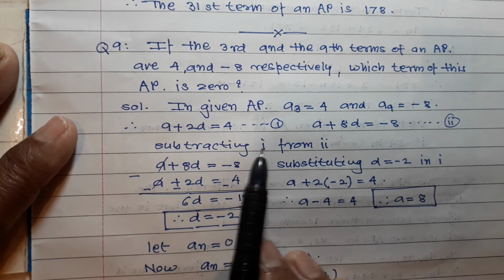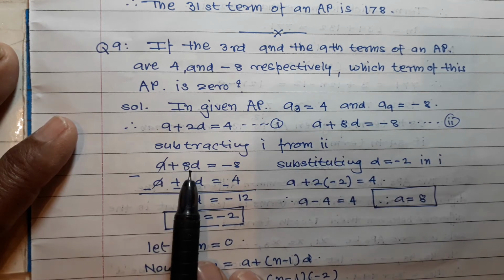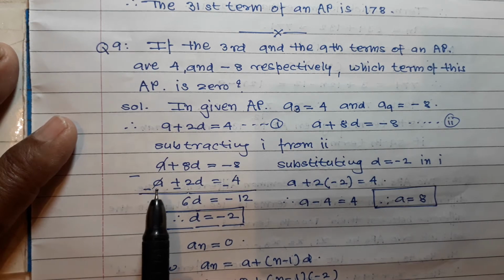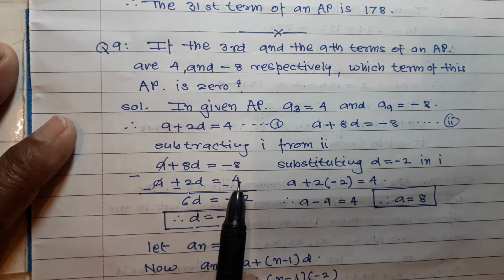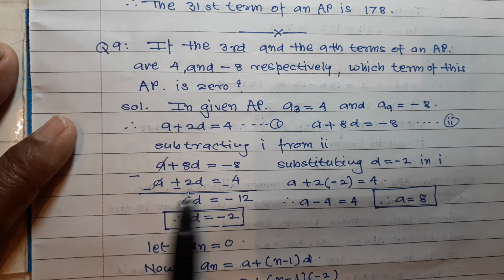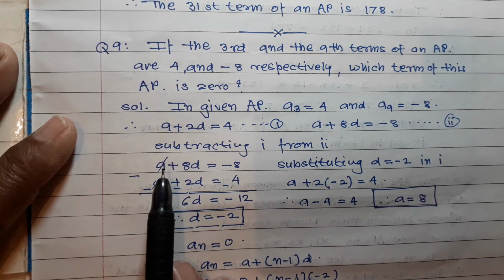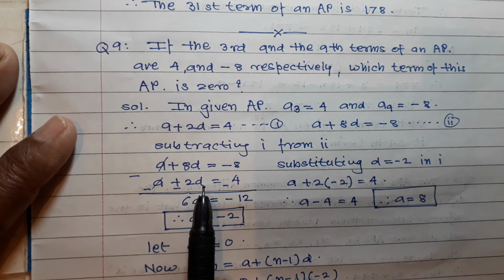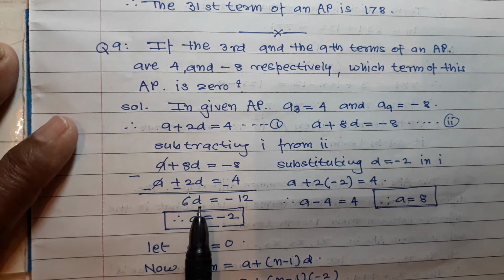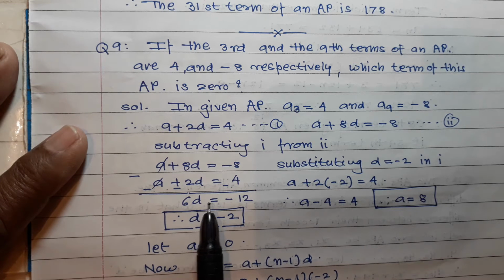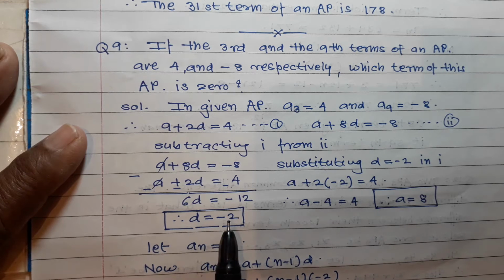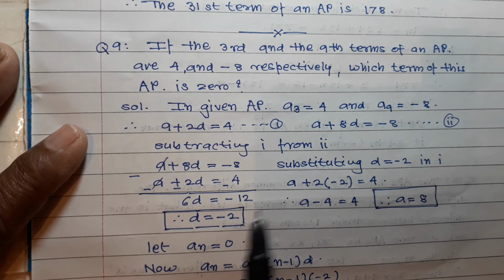Subtracting equation number 1 from 2: A plus 8D is equal to minus 8, minus A plus 2D is equal to 4. Subtraction, change the sign. So this positive and negative get cancelled. 8D minus 2D is equal to 6D, and this 6D is equal to minus 8 minus 4, which is minus 12, and hence D is equal to minus 2.